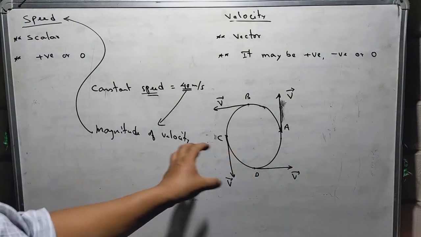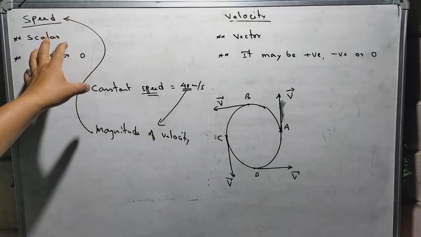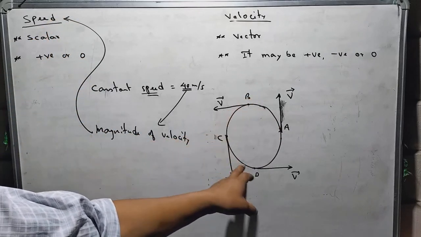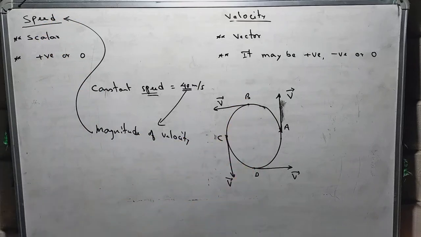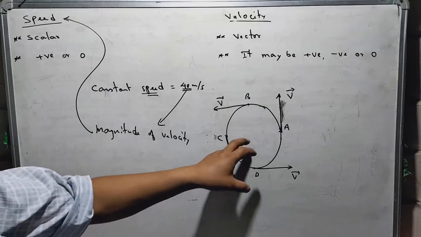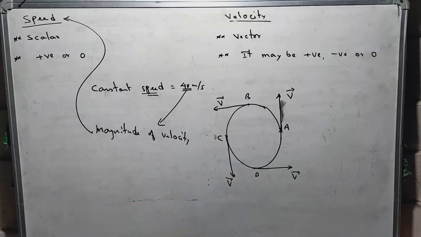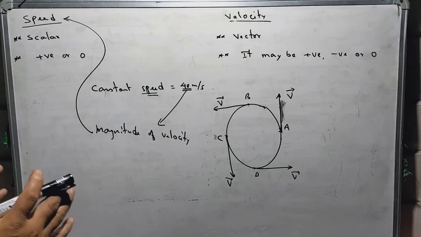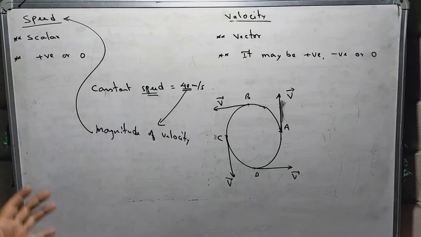So though the magnitude of velocity is the same as speed, the direction of velocity is changing from time to time. So I can say this motion is a non-uniform motion, because the velocity is changing its direction at every instance of time. So that is a small difference between speed and velocity.